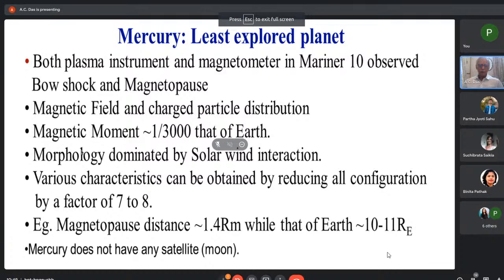But this is small because the magnetic moment mu of the planet Mercury is small, and therefore the boundary comes nearer to the surface of the planet. There is nothing very different here, except that it will be a very tiny magnetosphere because the magnetopause distance is only 1.4 radius of Mercury.